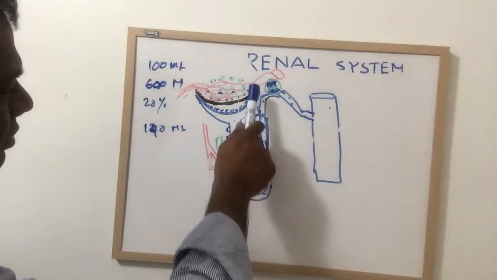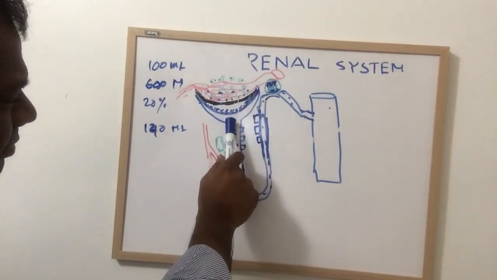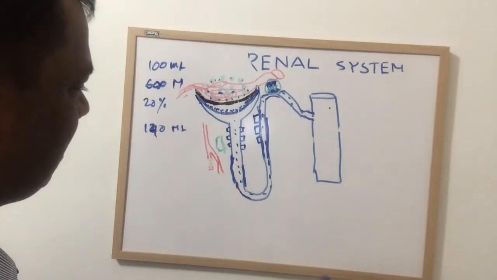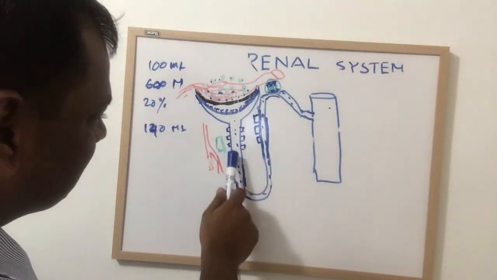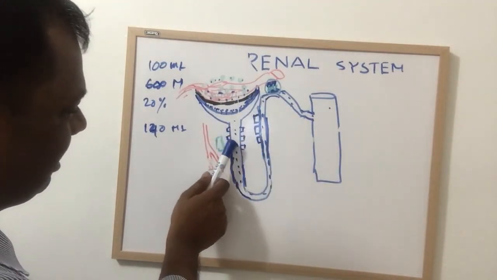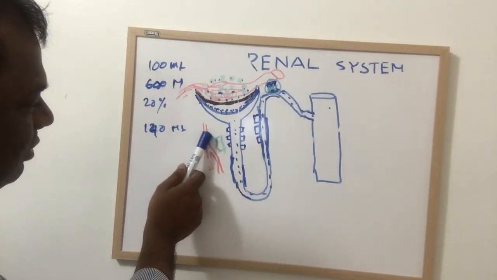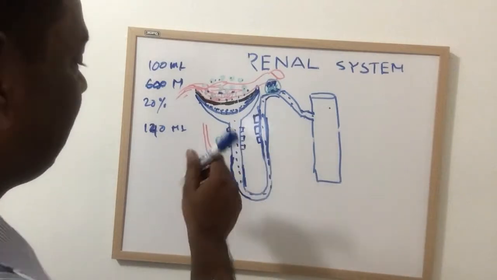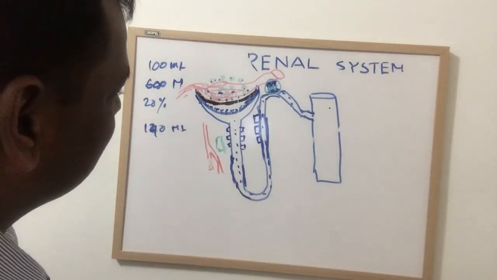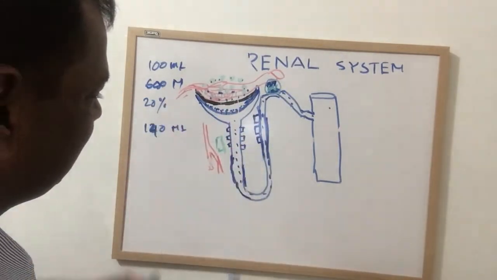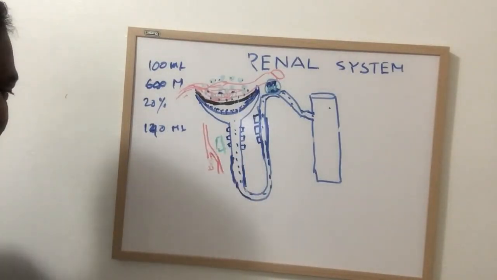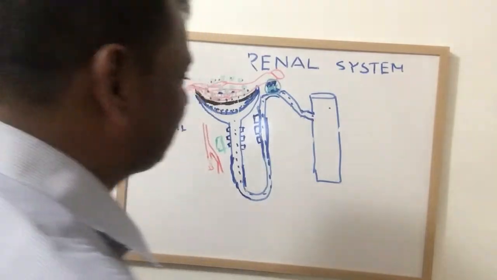When some extra protein, albumin or other components, sodium, potassium, come into it, they get reabsorbed back to the blood. So what's the point? Why should I get into it? Why should I reabsorb it? It's kind of funny, but that's how this mechanism works. Let's see.